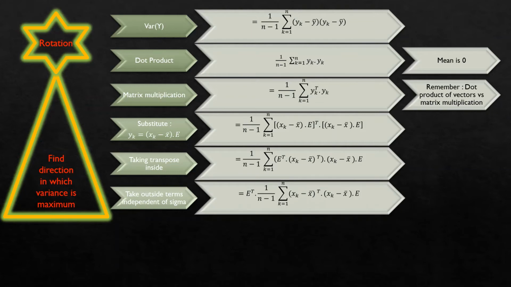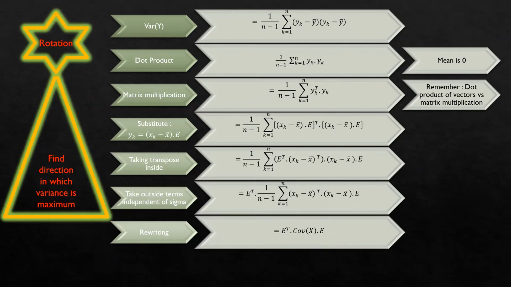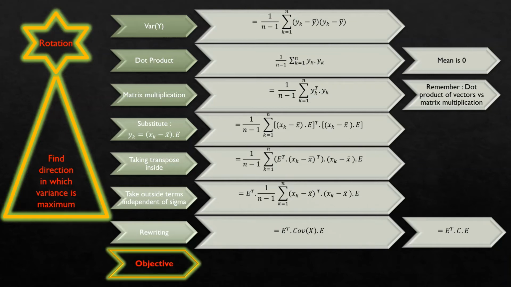I take those terms which are independent of sigma outside. So I can write it as E transpose into 1 by n minus 1 into sigma over xk minus x bar transpose dot xk minus x bar into E. I can rewrite this as E transpose into the covariance of X into E, which is nothing but E transpose dot C dot E, where C refers to the covariance of X.